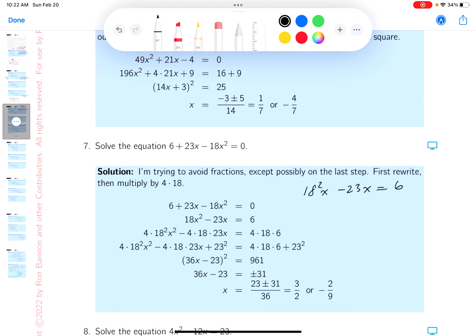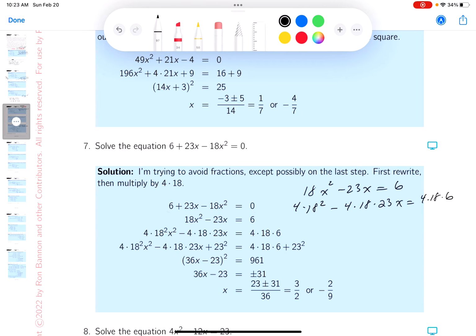I'm sorry, I made a mistake already. I have to multiply by 18 and a 4. So it would be 18 squared, 4, since I'm multiplying by 18 and 4, minus 4 times 18 times 23. These are awful numbers, by the way. And I get 4 times 18 times 6.